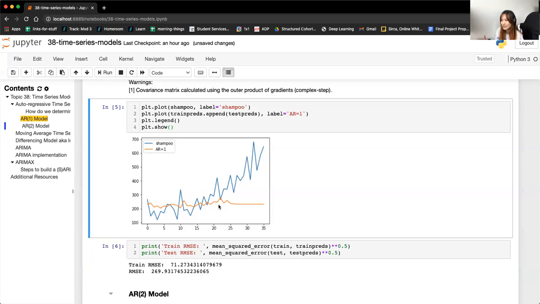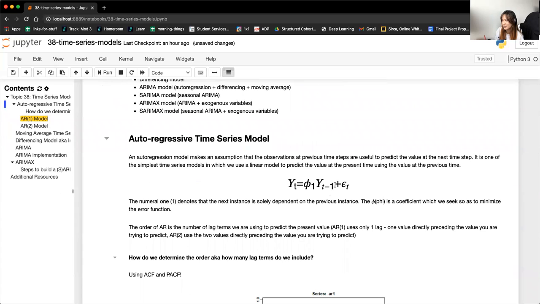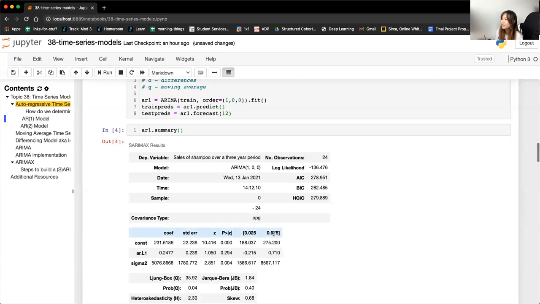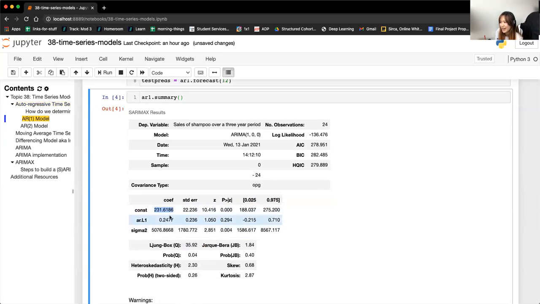Basically, how this AR orange line is being created, it is a linear model. I didn't explain this too much in depth, but it's really just taking the previous time step, multiplying it by some coefficient, with some constant term. And that's exactly what we're seeing in the output here. You can see we have our constant term and our AR term, our autoregressive term.